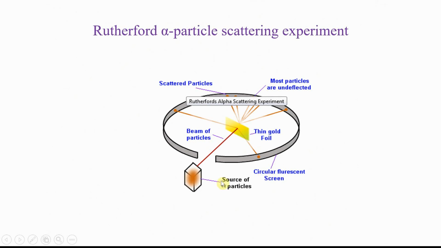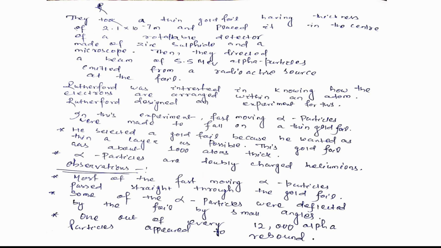The source of the alpha particles has energy approximately 5 MeV, and from that source a beam of particles is emitted and falls on the thin gold foil. And Rutherford was interested in knowing how the electrons are arranged within an atom. That means Rutherford designed an experiment for this also.